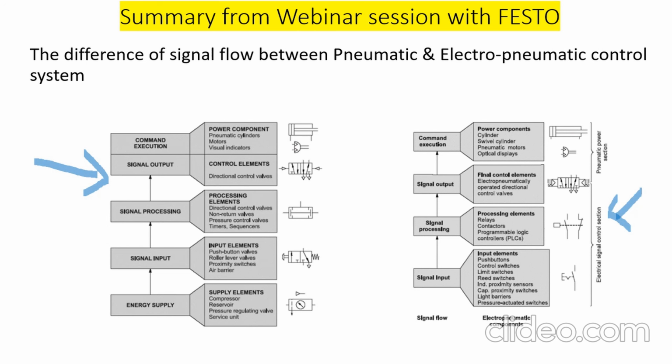The pneumatic starts from the energy supply, then signal input, signal processing, and lastly signal output. It needs command execution. Then the electro-pneumatic components start from signal input, then signal processing, signal output, and then command execution.